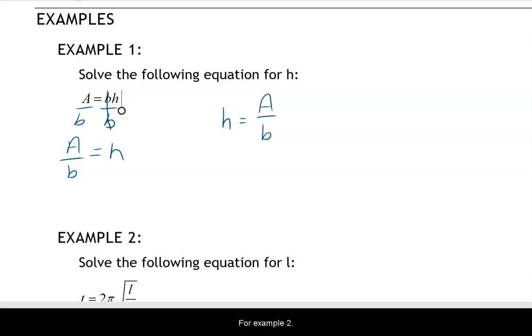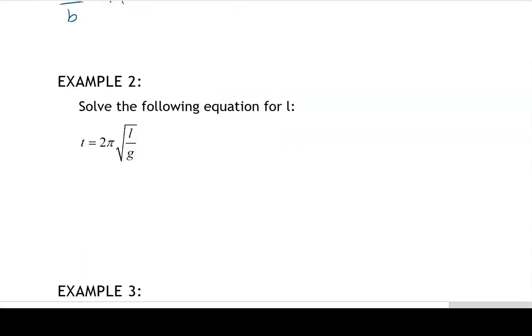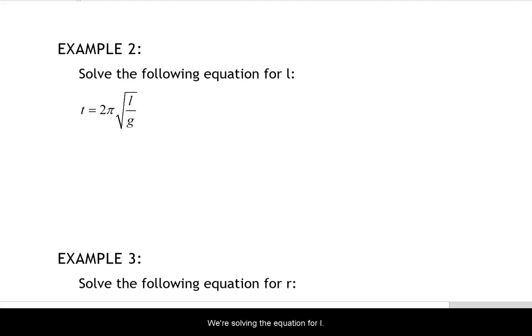For example 2, we're solving the equation for L. We have T equals 2 pi times the square root of L over G. The first thing we're going to do here is get rid of everything that's outside of our radical.